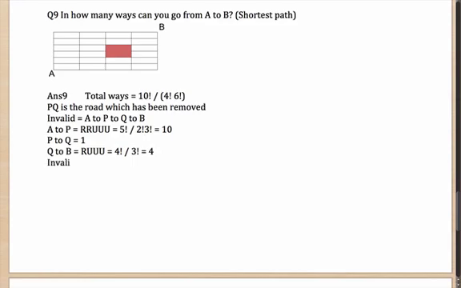So total invalid ways are 10 for A to P, into 1 choice from P to Q, and from Q to B there are 4 choices. So there are 40 invalid ways. So what is the valid number of ways, or what is my answer? Total minus 40 is going to be my answer in this particular case.